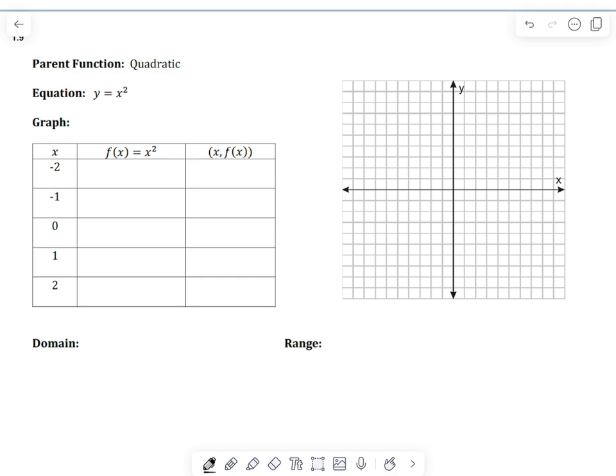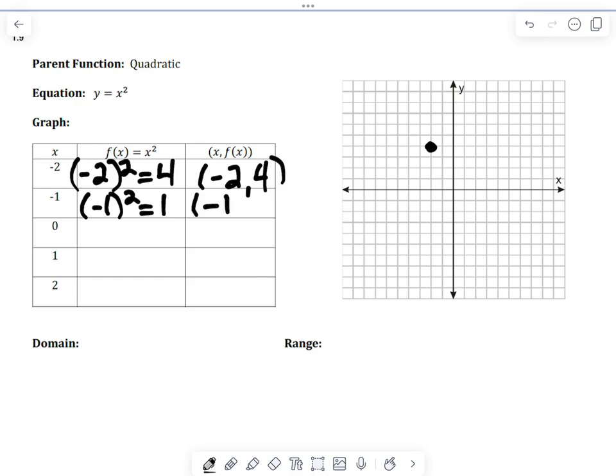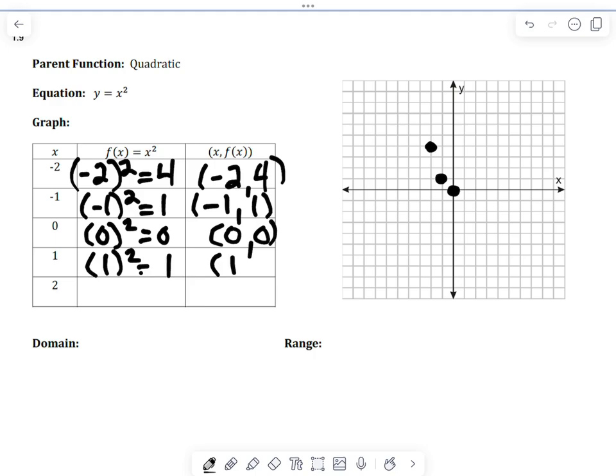So we're going to input those same numbers. -2 squared is 4, so the ordered pair is (-2, 4). -1 squared is 1, so (-1, 1). 0 squared is 0, so again, we're at that origin. 1 squared is 1, so (1, 1). 2 squared is 4, so (2, 4).